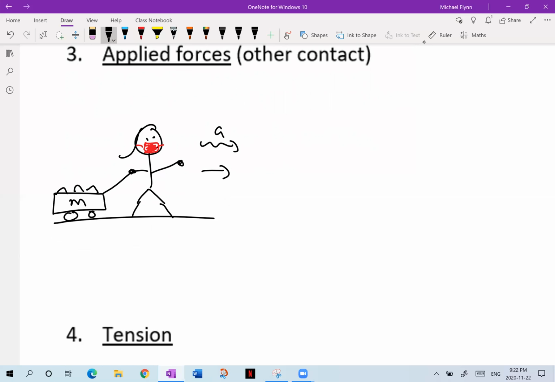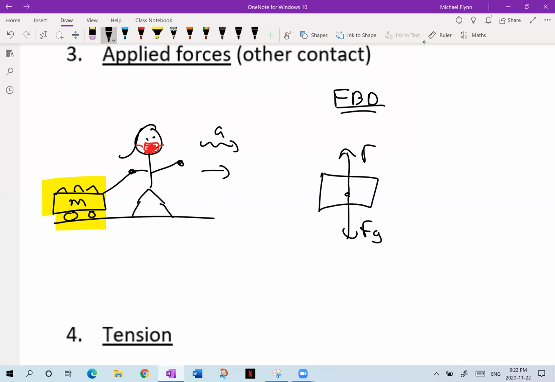Anyway, if you draw a diagram of this box, of this object here, we call this a free body diagram, more on this later. Of course, there's gravity acting on it.